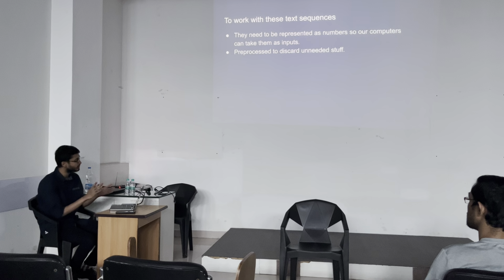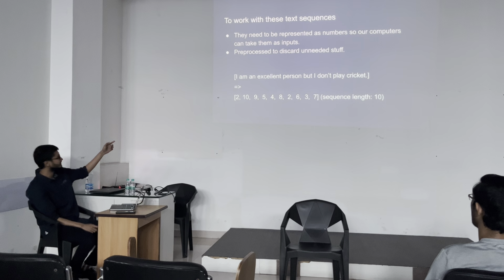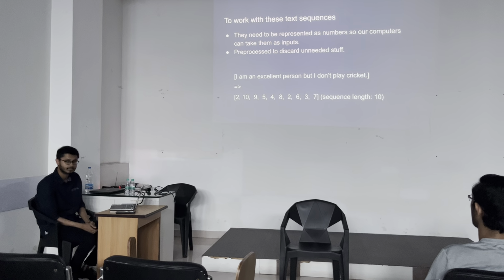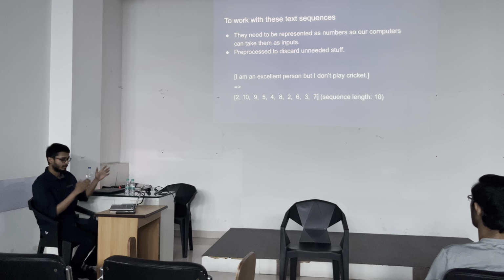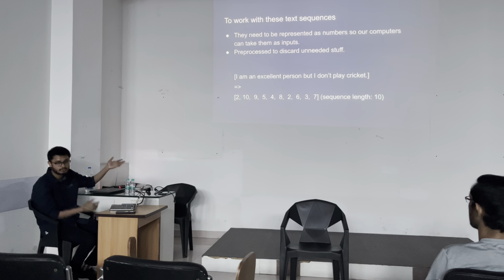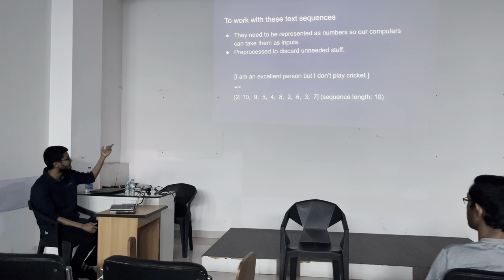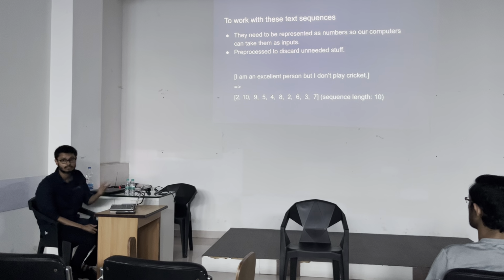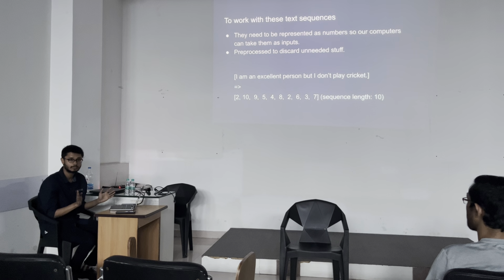What I mean by unnecessary stuff is not needed for the purpose of this session. Basically, if I have a text sequence like I am an excellent person because I do not play cricket, in order to make your computer take that sequence as an input, you need to convert it to a numeric representation. The numeric representation would look something like this. And the sequence length here is 10 because the sequence contains 10 words. Clear? Any problem? Cool.